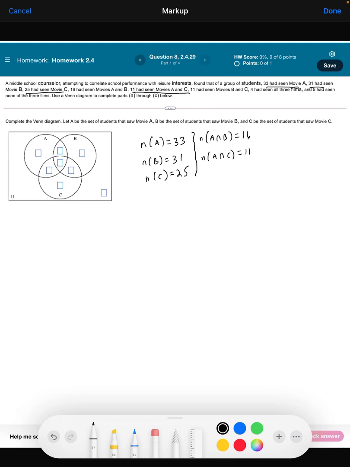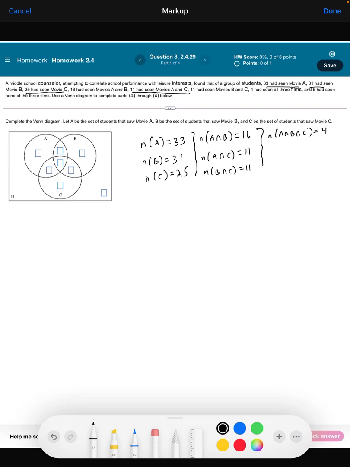Just moving along here. Oops, let's go back. B and C was also 11. 4 saw all three, so the cardinal number of A intersecting B intersecting C is 4. 5 had seen none.